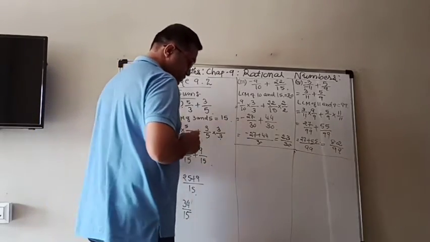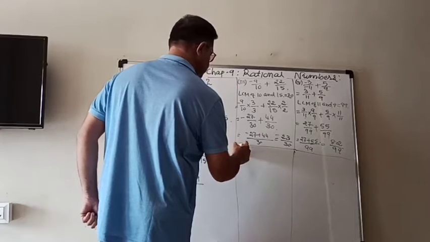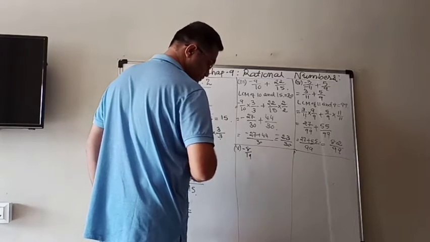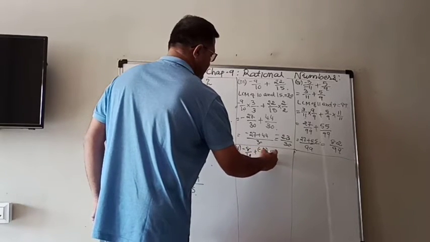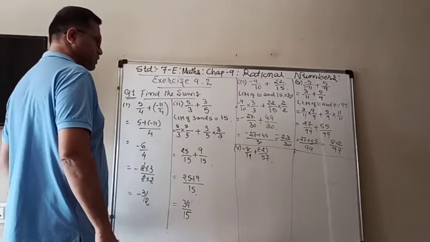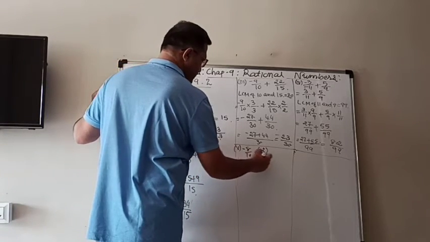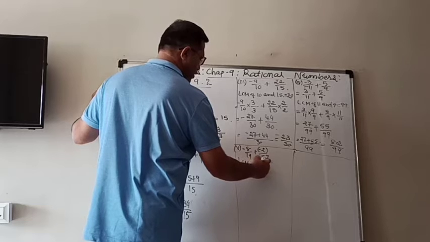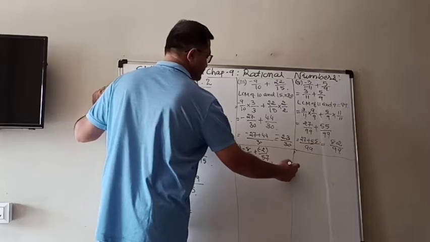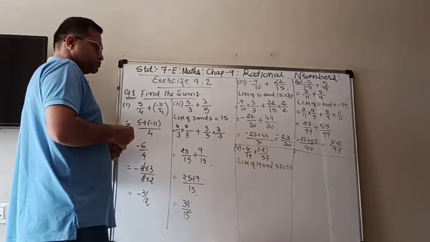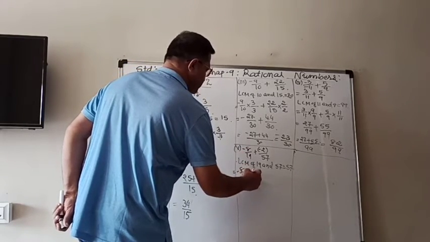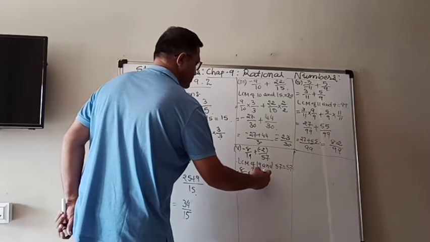Let's take the next, that is the fifth one. Minus 8 upon 19 plus minus 2 upon 57. Now the LCM of 19 and 57 is 57 itself, 19 3s are 57. So minus 8 upon 19 into 3 upon 3 to make it 57.